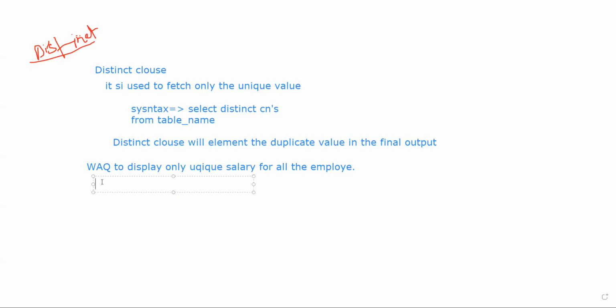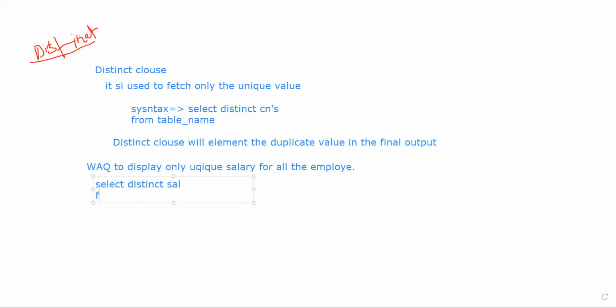How to fetch? Sir, do I have to fetch only the salary column or the name column also? Only the salary. Okay. So sir, select distinct salary from employee table.